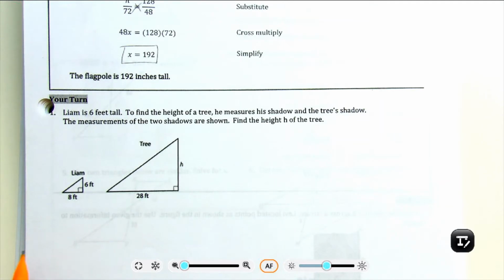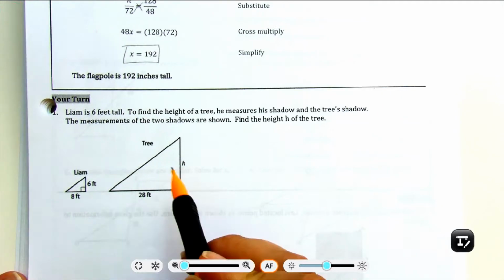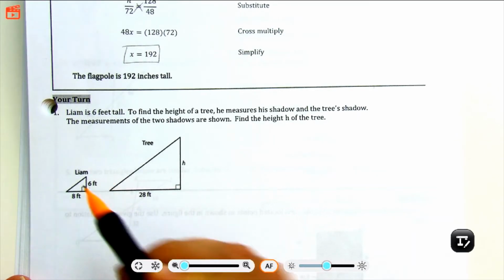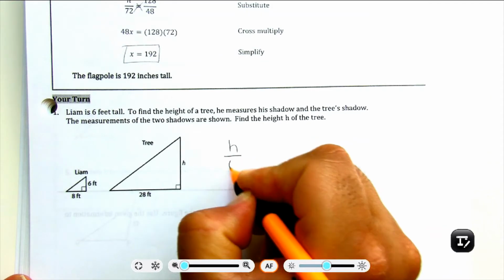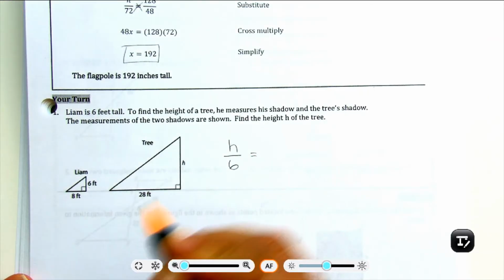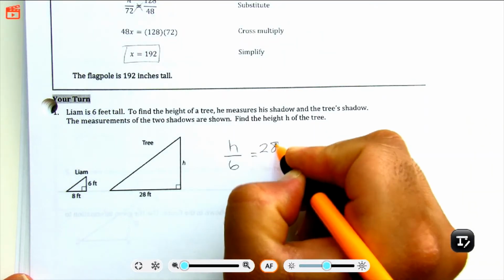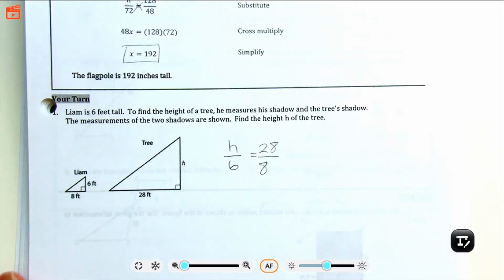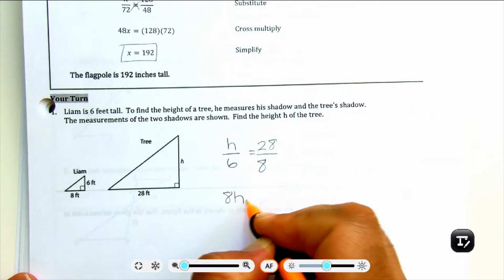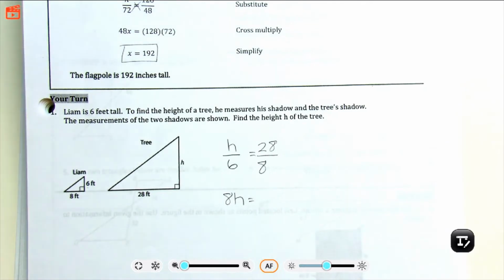We could say the height of the tree over the height of Liam. So h over 6 is equal to the shadow of the tree over Liam's shadow, 28 over 8. Cross multiplying, I get 8h is equal to 28 times 6. And 28 times 6 is 168.